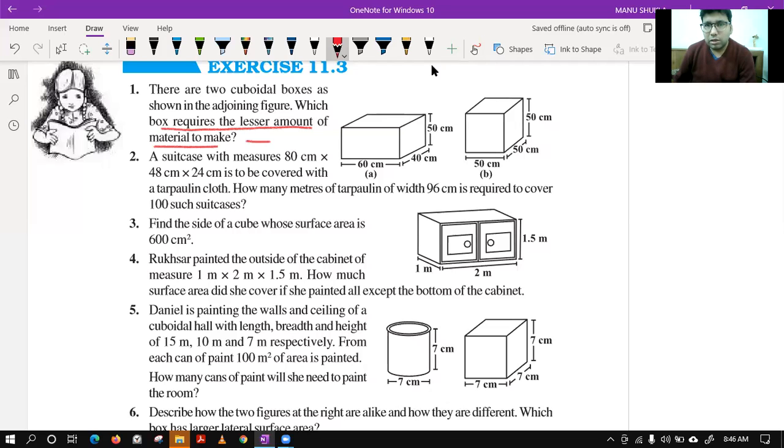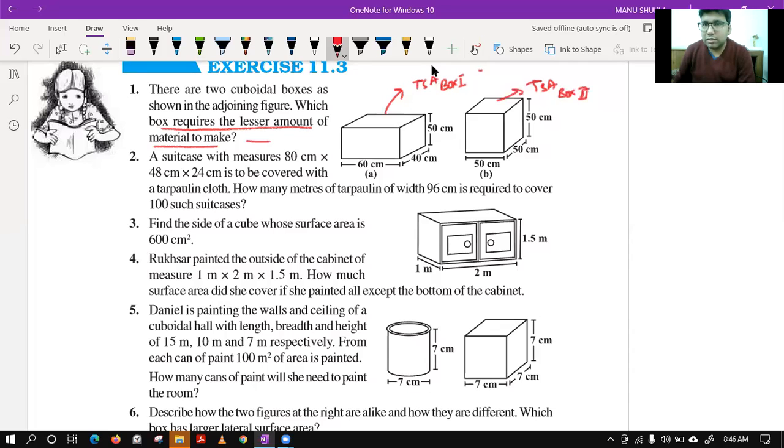Okay, so you need to find the TSA of box 1, TSA of box 2, and you have to compare which one will require more material. I guess this one is not difficult because the formula is very simple.